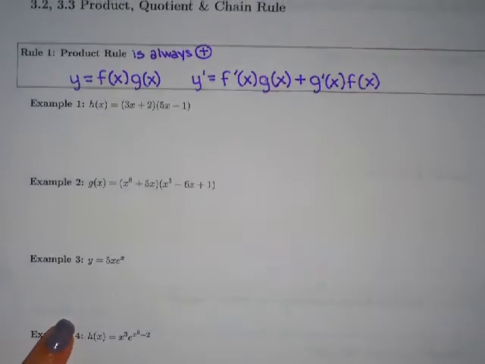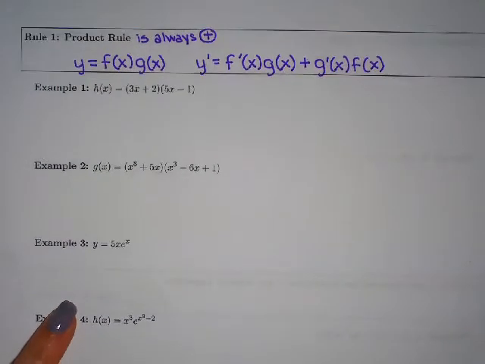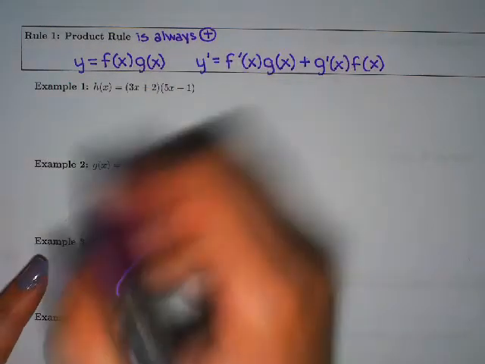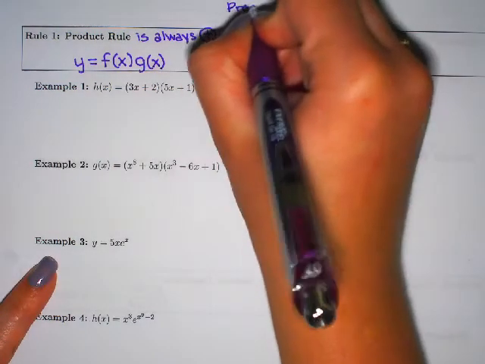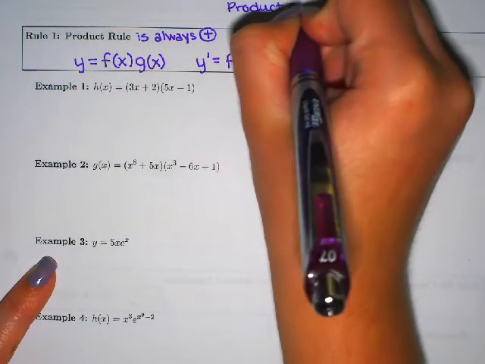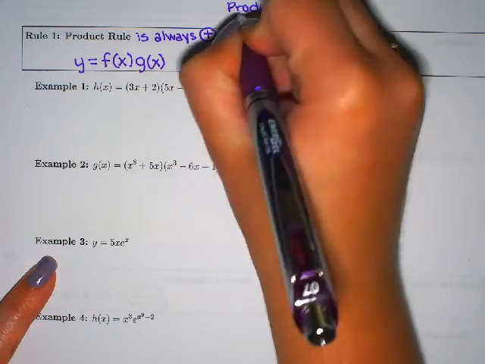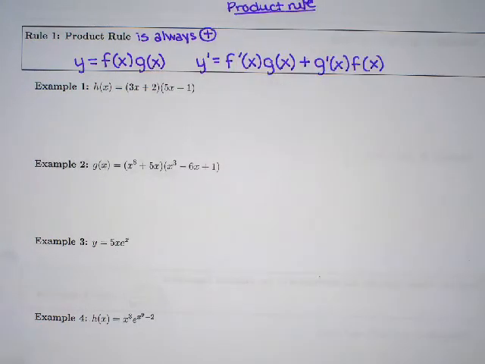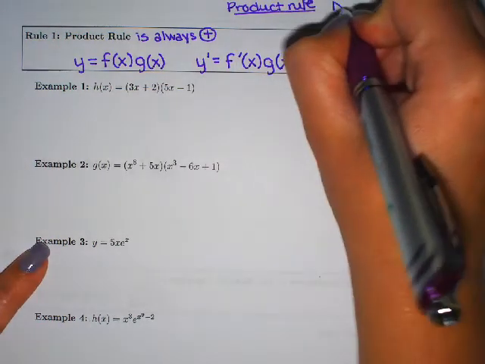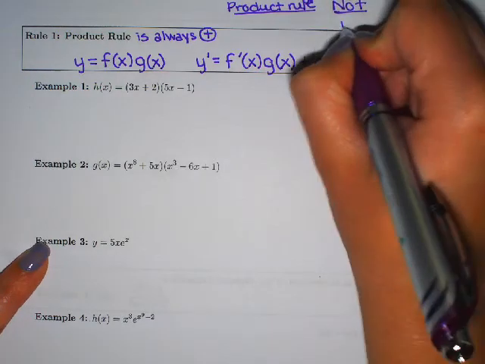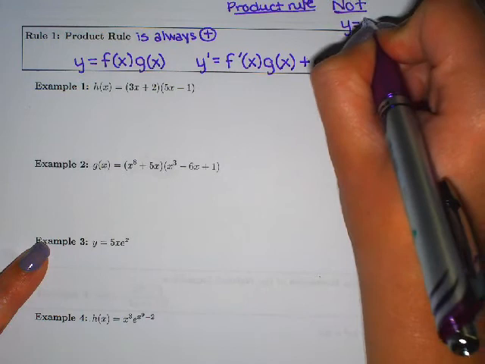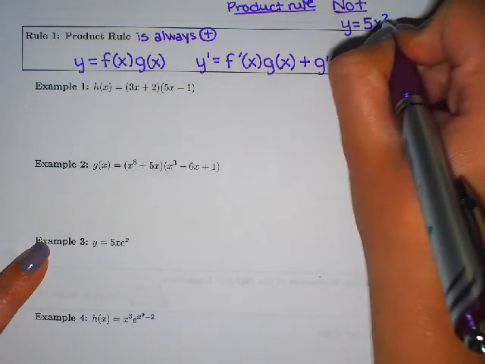One thing that we want to be clear of, because I do get this question every semester, is how do you know when you have to use the product rule? So one thing that is not a product rule is y equals 5x squared.